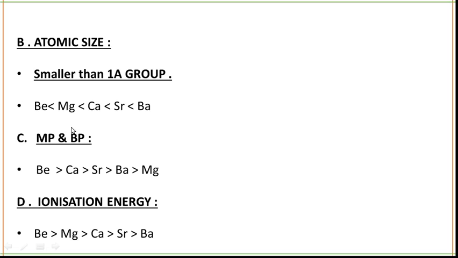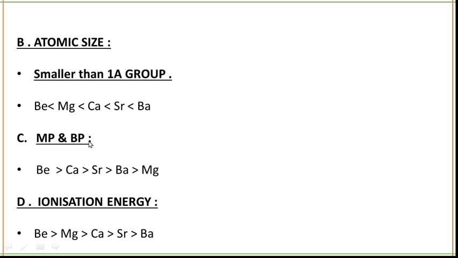Next point is melting and boiling point. As you know, the metallic bond is stronger than in group 1A elements due to the smaller atomic size and 2 electrons in the valence shell. Hence, melting and boiling points are higher.